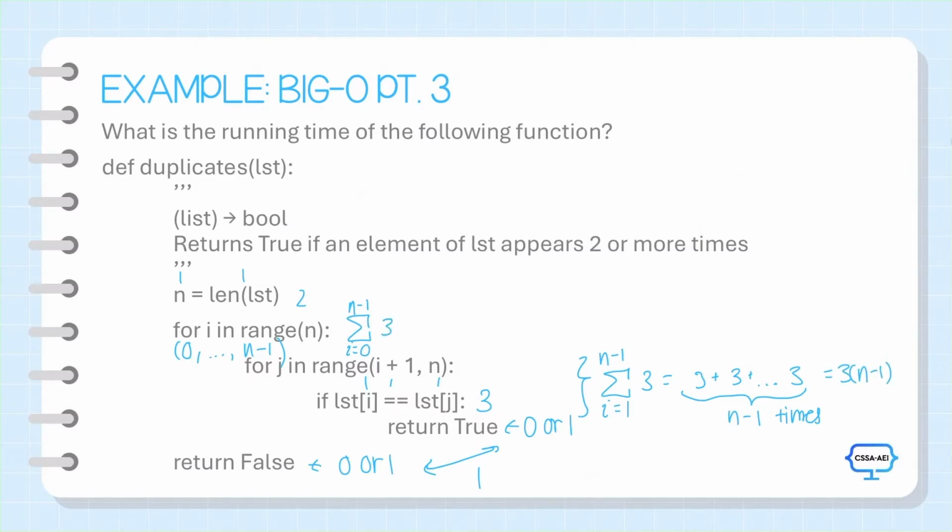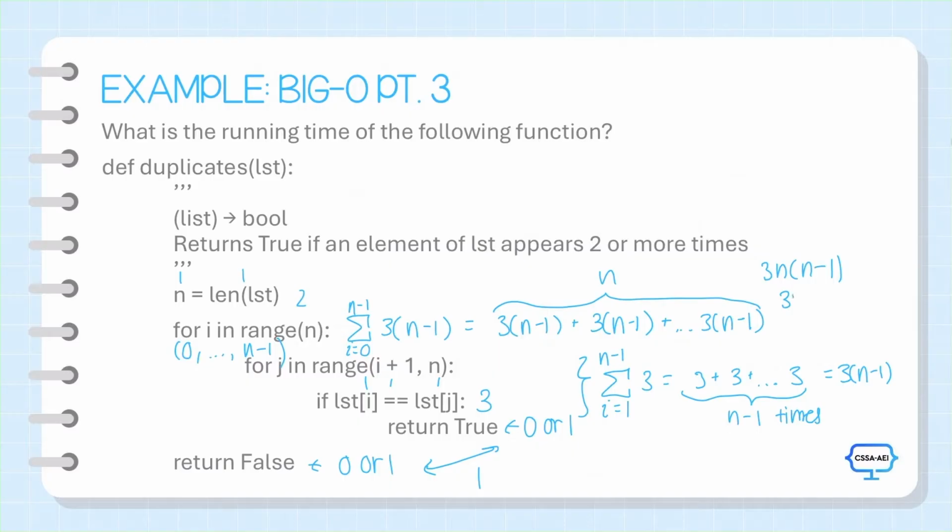If we put that into our outer loop, we're going to get 3(n minus 1) plus 3(n minus 1) plus so on. And that's going to run n times. So you're going to get 3n times (n minus 1) operations.